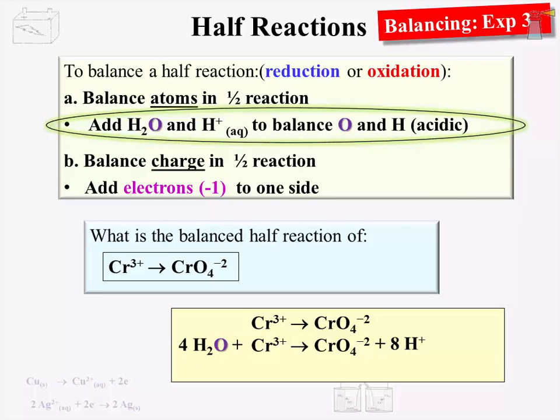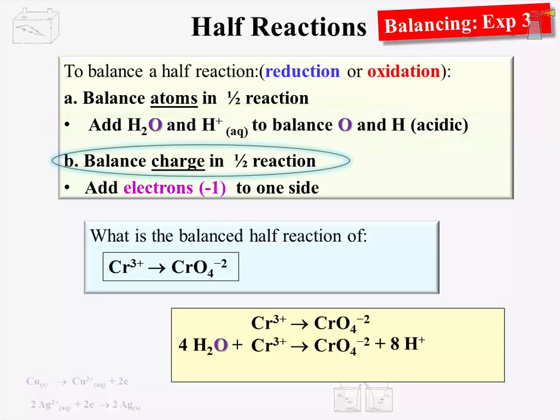With that, each side has 8 hydrogens, 4 oxygens, and 1 chromium. The atoms are balanced. This type of balancing is a process. Know the steps and follow them.